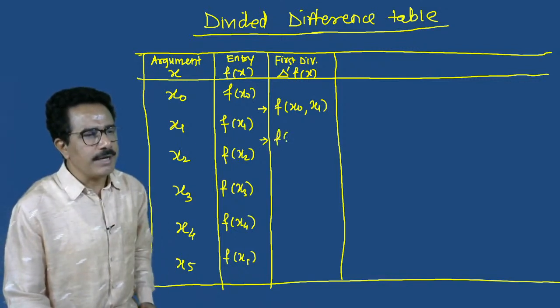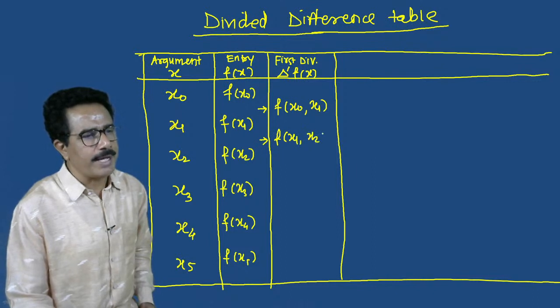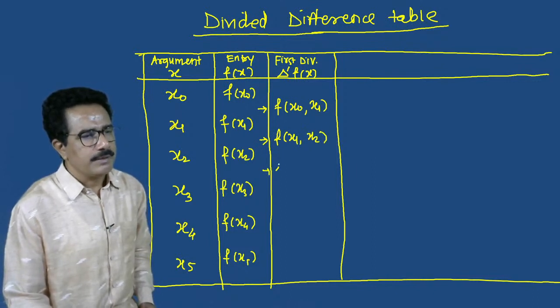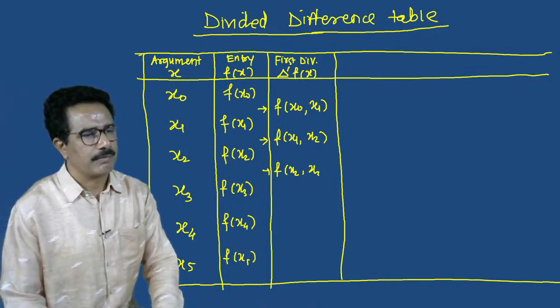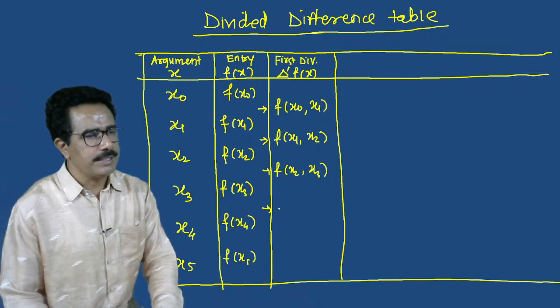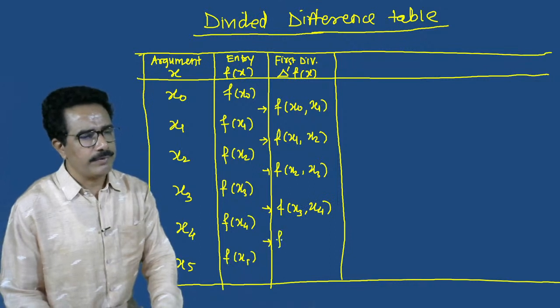So this is f of x1 comma x2, this is f of x2 comma x3, this difference f of x3 comma x4, this difference f of x4 comma x5.